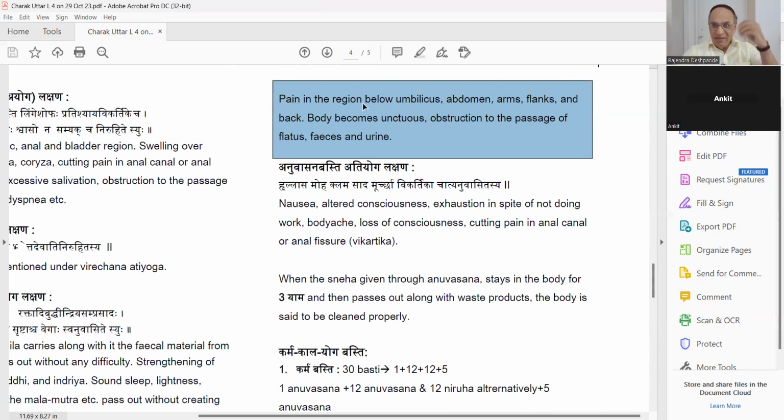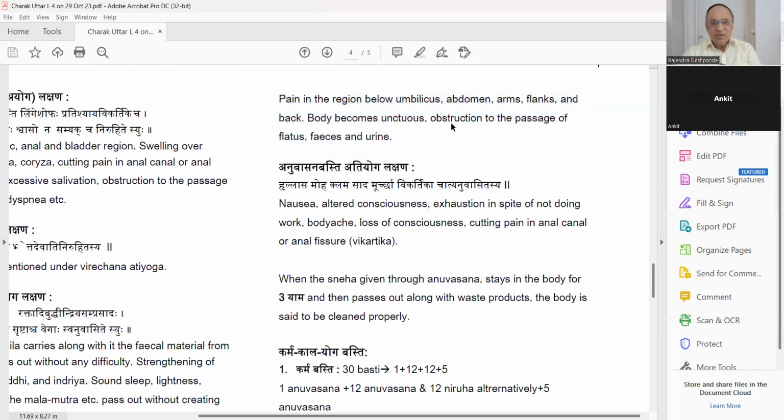Everything is inside, not going out. Pain in the region below the umbilicus, abdomen, arms, flanks and back, everywhere paining. Body becomes unctuous because oil enema is there. Obstruction to the passage of flatus, defecation, and urine, problematic, because of improper, not correct treatment.